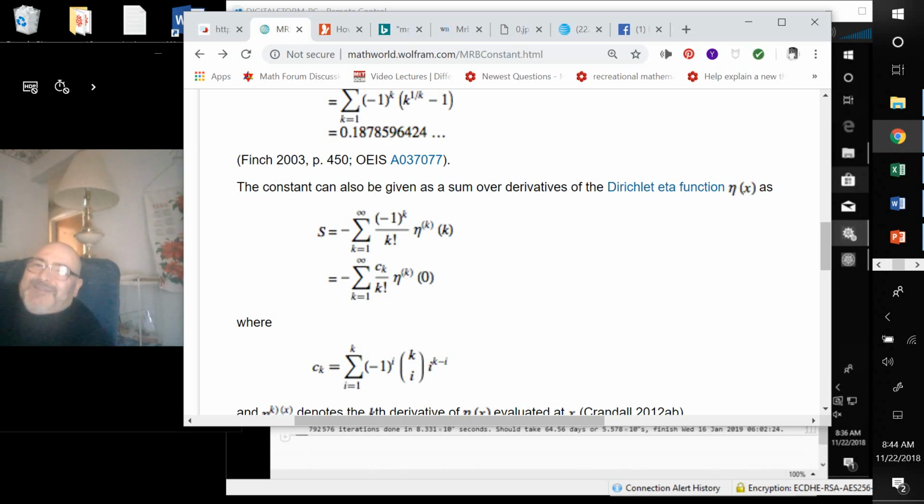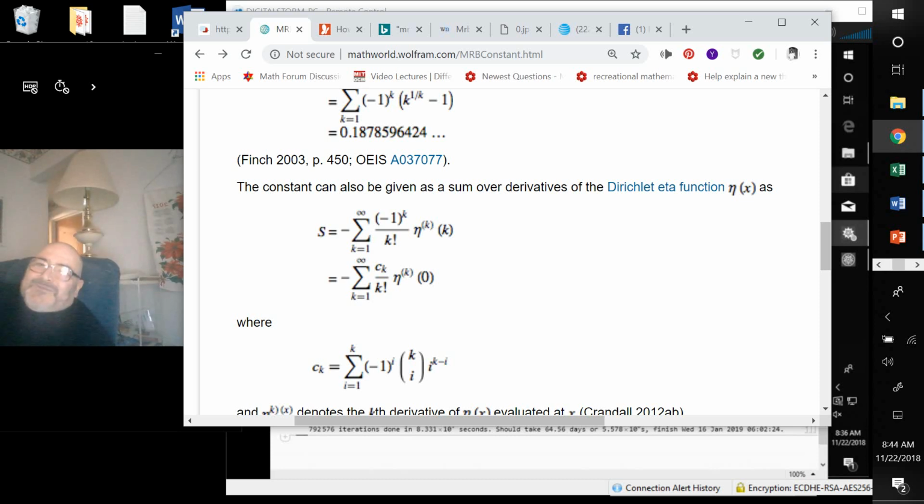That is the absolutely convergent series for the MRB constant. You see, if you take the negative 1 to the power k away from that, or you probably don't see it right now, but if you work on it, it converges without the negative 1.